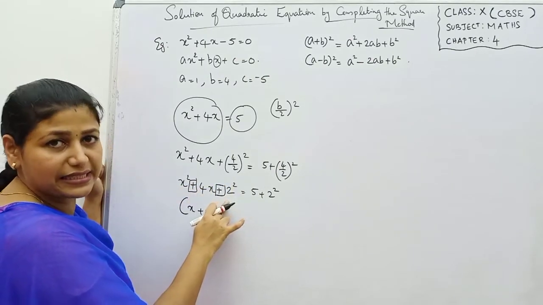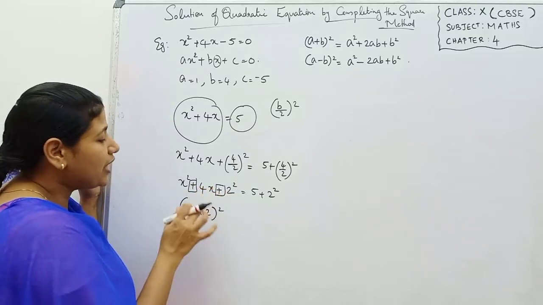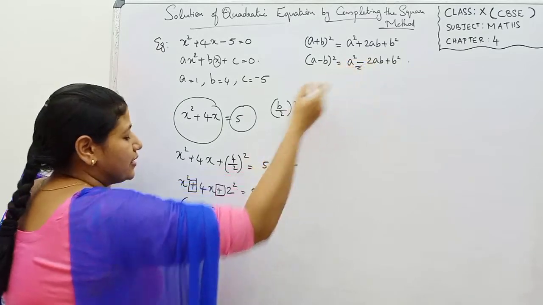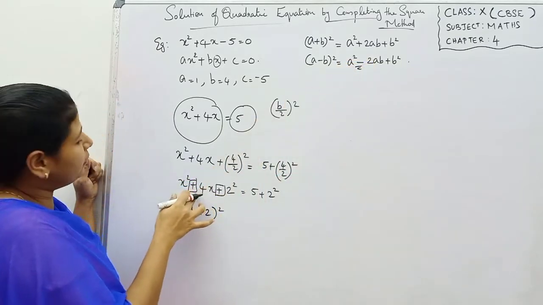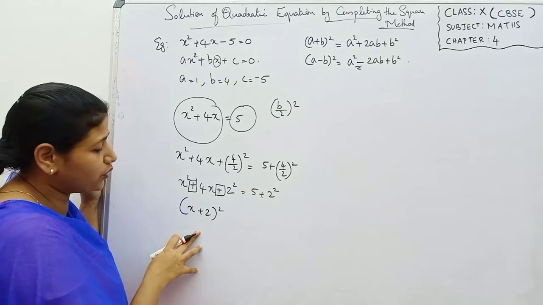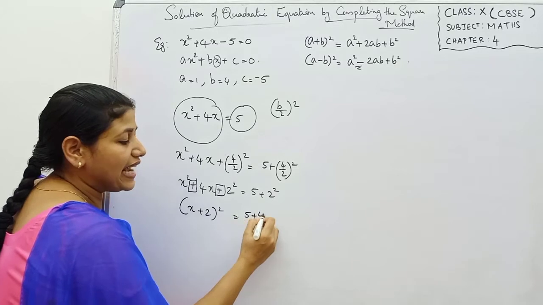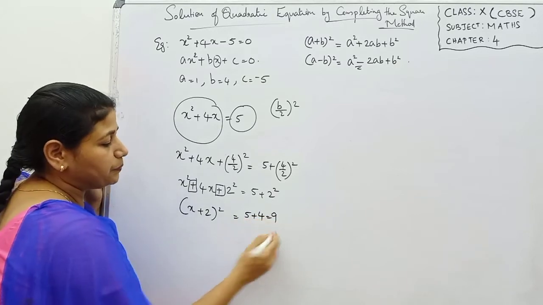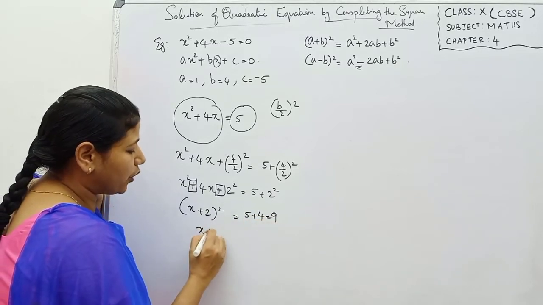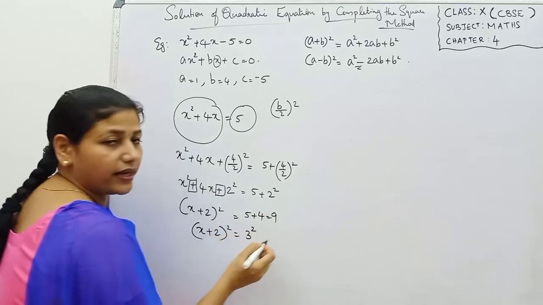If both are plus, you write x plus 2 whole square. If you have a minus sign before the middle term, then you write x minus 2 whole square. So this is x plus 2 whole square and this is 5 plus 4, which is 9, isn't it? On both sides you got perfect squares: x plus 2 whole square and 9 is 3 square.